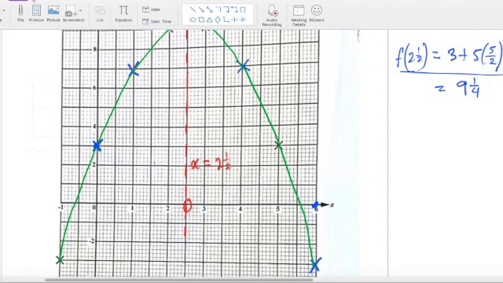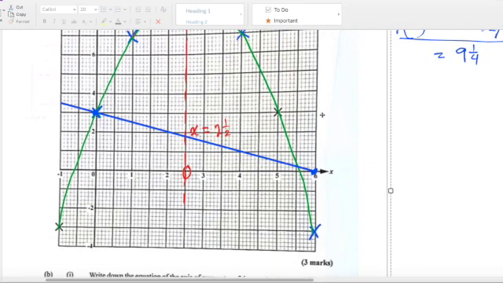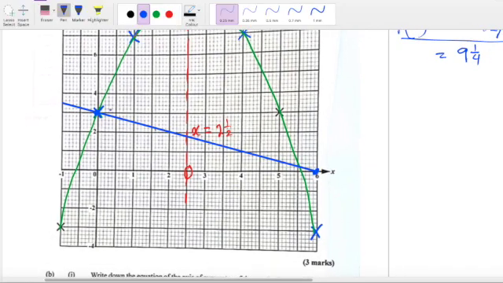And we can insert that line. That line will look something like that. Make it a little thicker so we can see it a little better. So this is the line y is equal to 3 minus a half x.